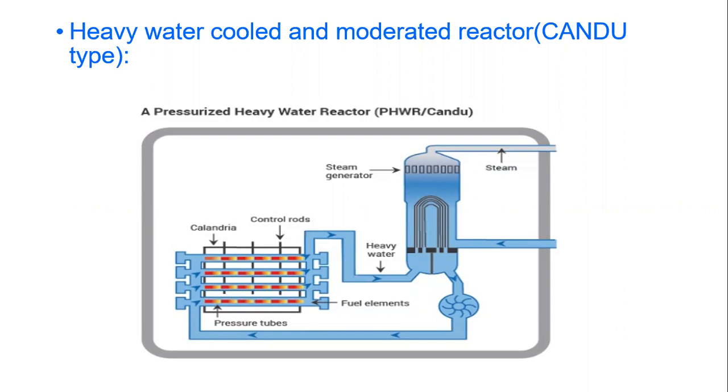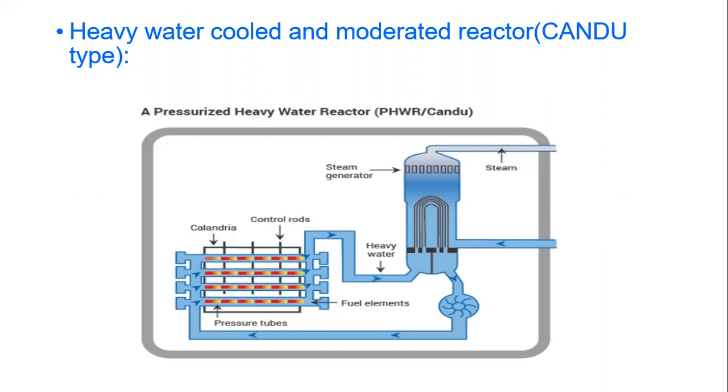Next is PWR, the pressurized water reactor. Next is the fast breeder reactor, FBR. Next is the liquid metal cooled reactor or sodium graphite reactor. Next is the heavy water cooled reactor, also the CANDU type of reactor.